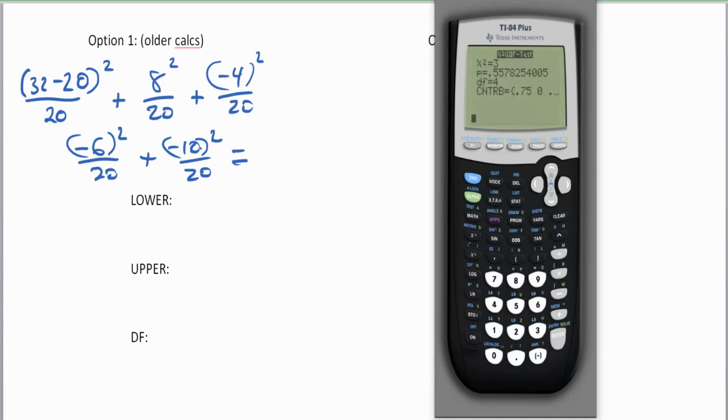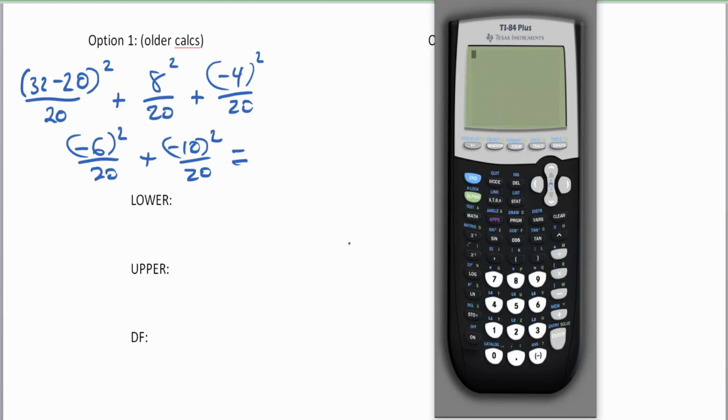So let's take this last one for example. Negative 10 times negative 10 is 100. But if I type in negative 10 squared without parentheses, the calculator will get the problem wrong because the calculator will think you wanted negative 10 times 10, or even more weirdly, negative 1 times 10 times 10, because the calculator does not think the negative needs to be squared.